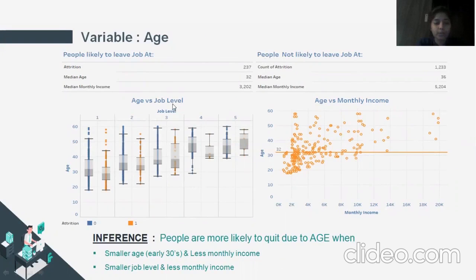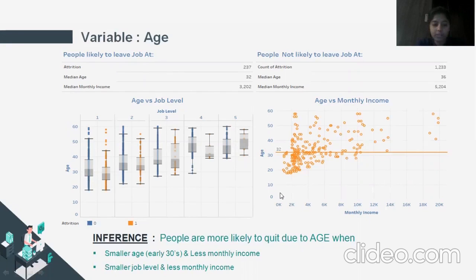Employees who quit at lower job levels are more likely to be at lower levels of age, that is below 30 years, when compared to people who are working in the organization. You can also see that people who quit are clustered around the lower age, that is below 32 years, and who get monthly income less than 3,000.